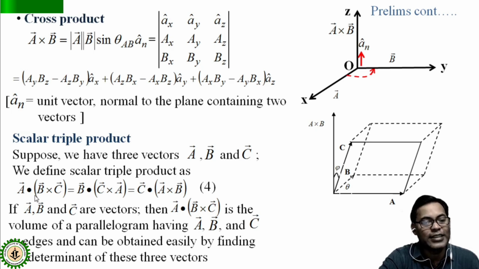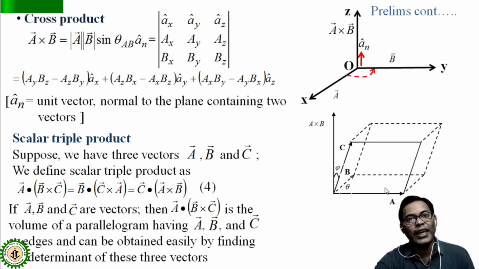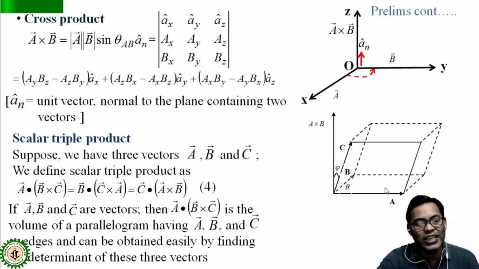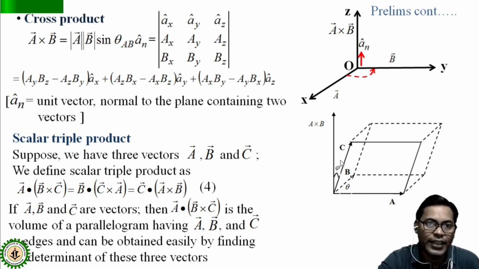Similarly, we get the same result if we calculate b dot c cross a, or c dot a cross b. So if a, b and c are vectors, then a dot b cross c is the volume of the parallelepiped having a, b and c as its edges, and it can be obtained easily by finding the determinant of these three vectors.